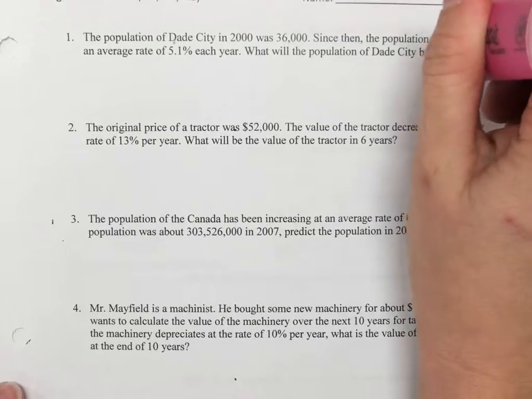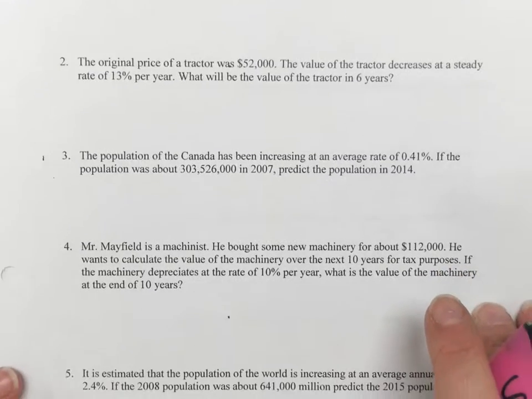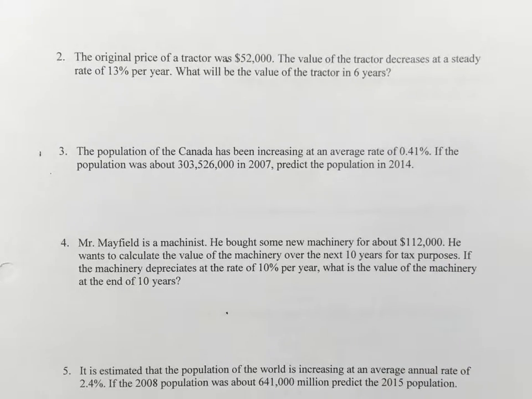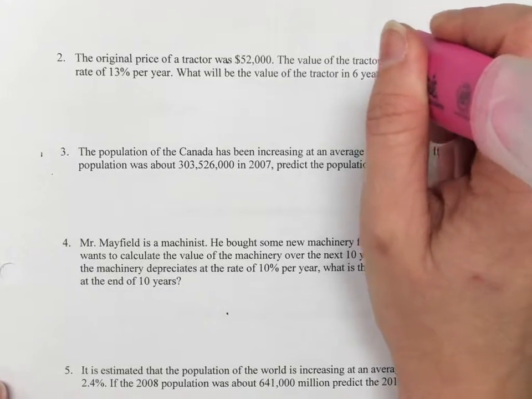Look, circle that word. All right, what about number 2? What's the key word that tells me growth? Did you get one? Jesse, did you pass the study guides? Kelvin, did you pass the study guides back? All right, what about number 2? What's the key word in number 2? Decreases. There you go.